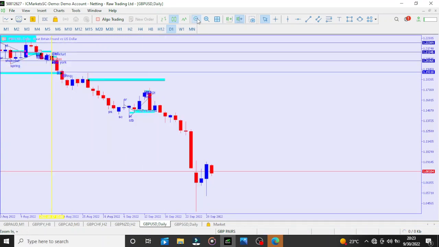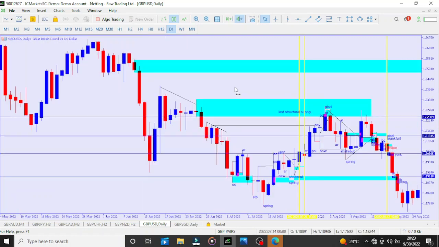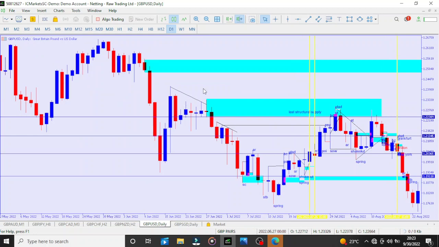This was my last supply zone, and the reason why I was so confident about this supply zone, you see, this lower time frame minor momentum trend line, and this was the manipulation of the trend line, and this supply zone sponsored the break of this lower low.